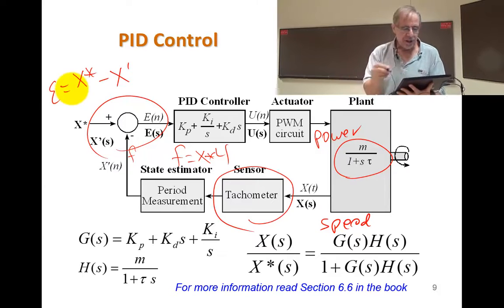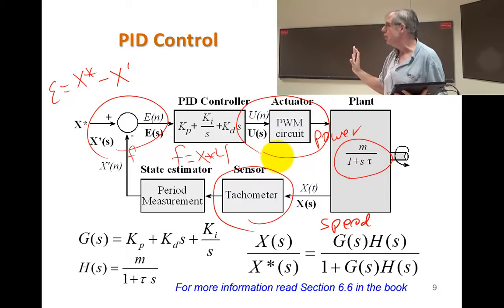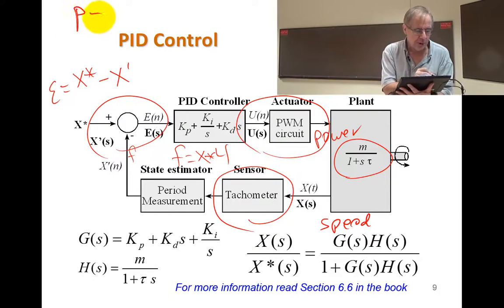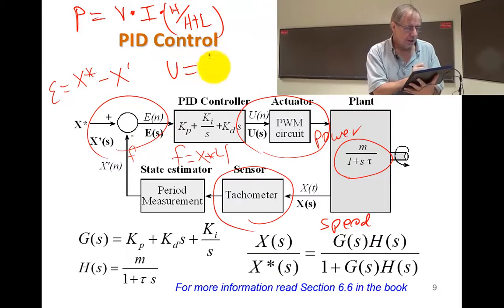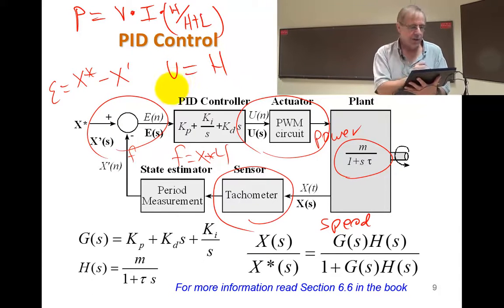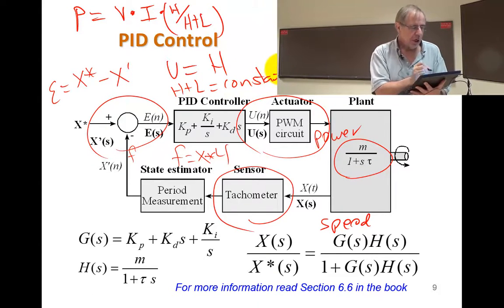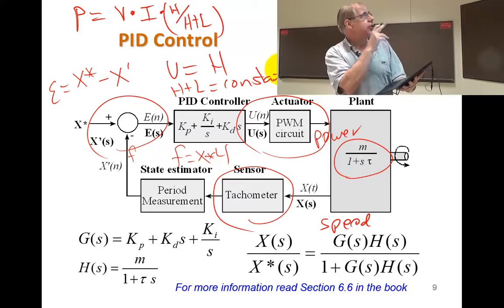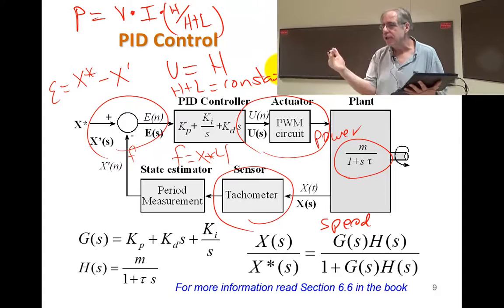And so if everything, we saw this equation here, which wasn't quite linear, but I wrote an equation for you. You remember the equation for power equals voltage times current times duty cycle. Right? The power into the motor is where U is going to be H, okay? And H plus L is a constant. H is the duty cycle that we're going to plug into the pulse width modulating program to set the duty cycle.